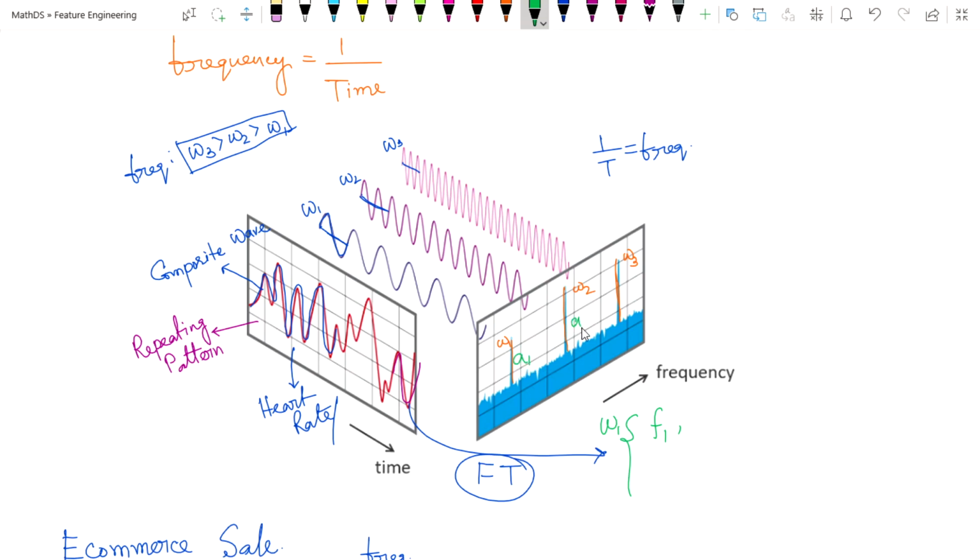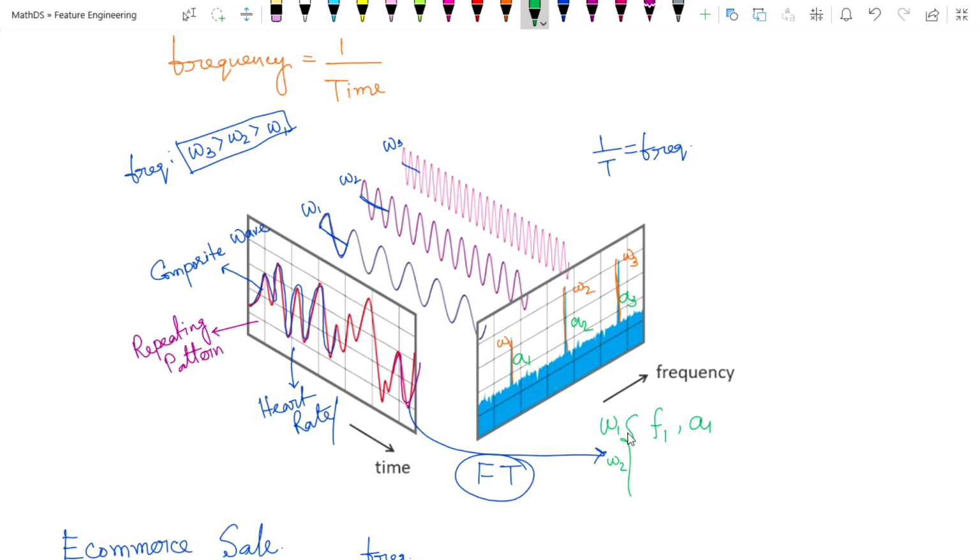For W2, suppose its amplitude is a2, and for W3 suppose its amplitude is a3. So for the W1 wave we got frequency f1 and amplitude a1.